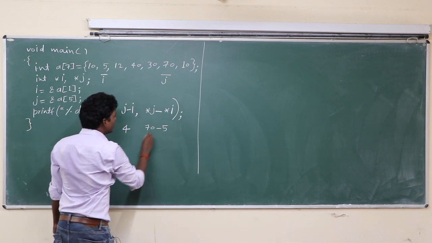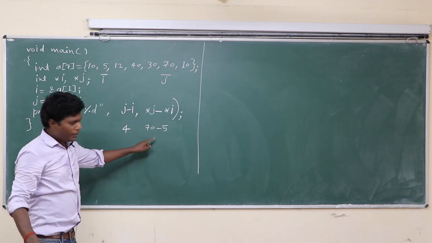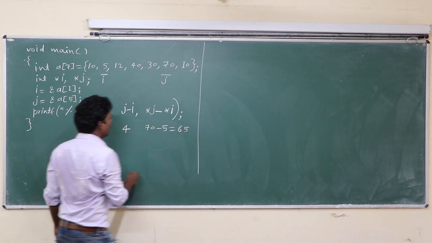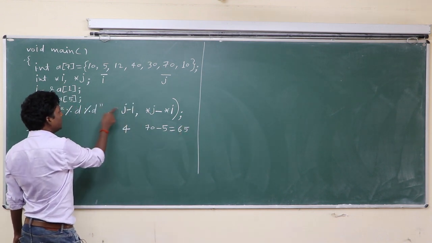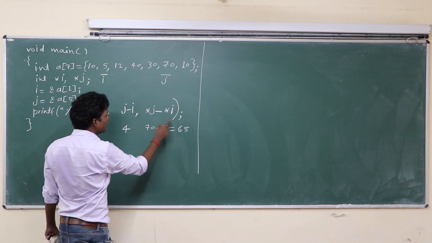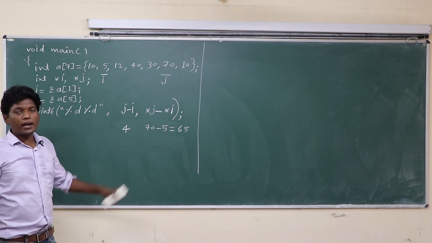So the result will be 65. 70 minus 5 equal to 65. So this %d prints this, that is the 4. This %d prints this, that is the 65. So result is 4 and 65.